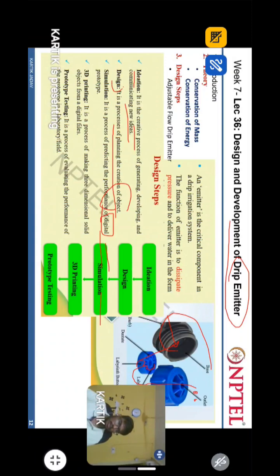Based on the design requirements, we design a prototype and predict its performance. Once we find efficient performance, we do the 3D printing, making three-dimensional solid objects from digital files. Finally, we test what we have created using various field and laboratory investigations.